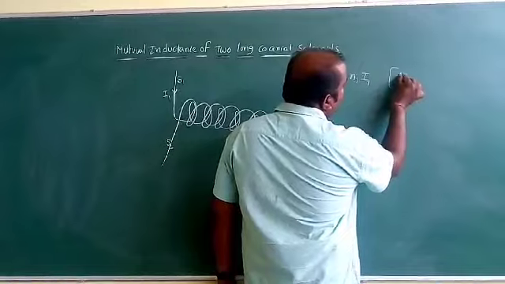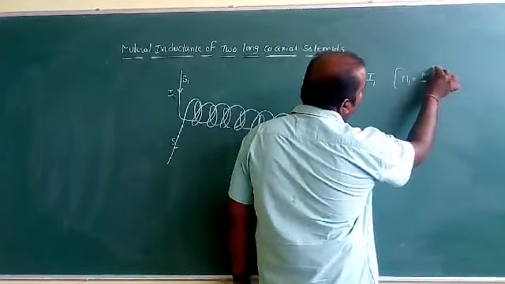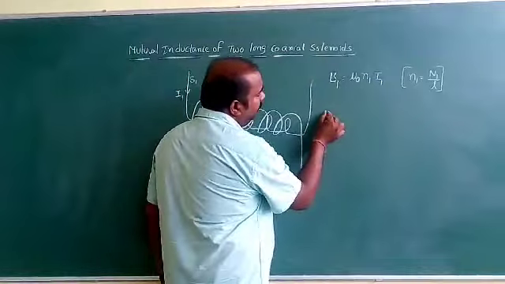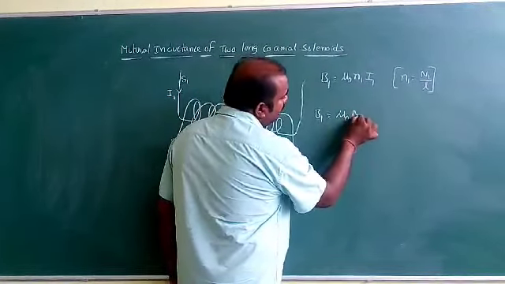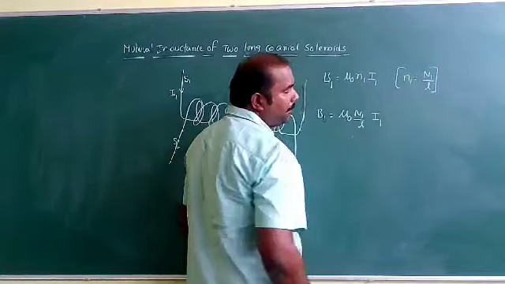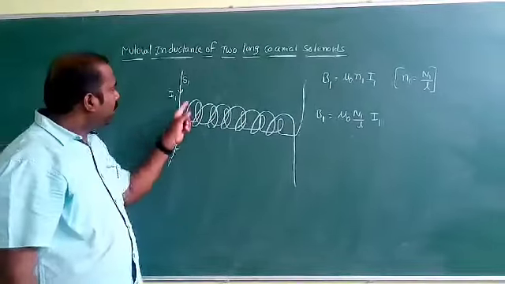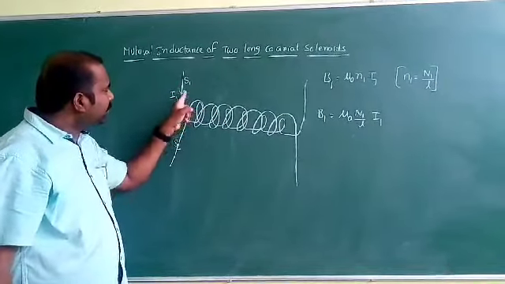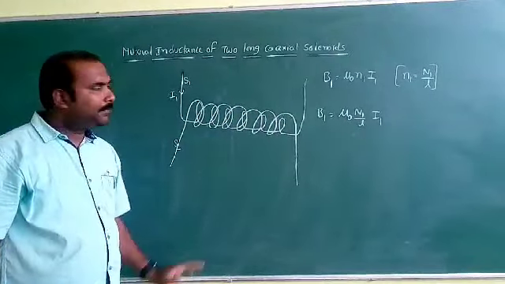This n1 I can write as capital N1 by L. Now substituting, B1 is equal to mu naught N1 by L into I1. If the current I1 is passing through the solenoid, this is the magnetic field produced by it.